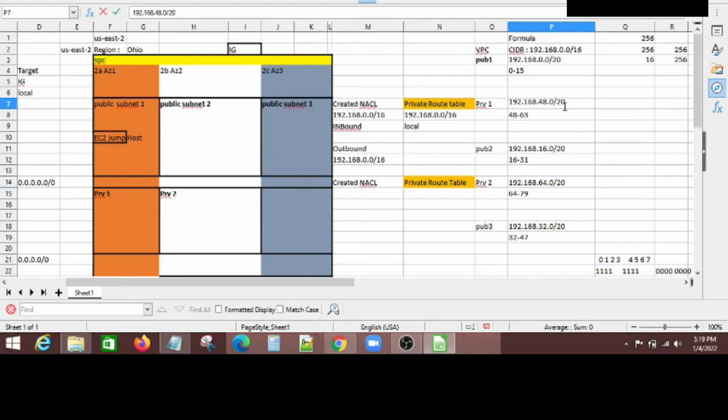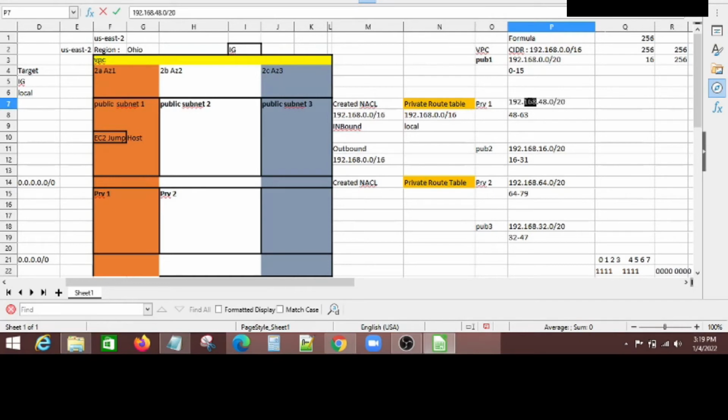For the third octet, I'm allowing the last 4 bits, so another 16 variations. 48 plus 16 is 64, but since I'm starting at 48, it ends at 63. For the fourth octet, it is starting with 0, so 16 bits are allowed. That's what the CIDR notation is.